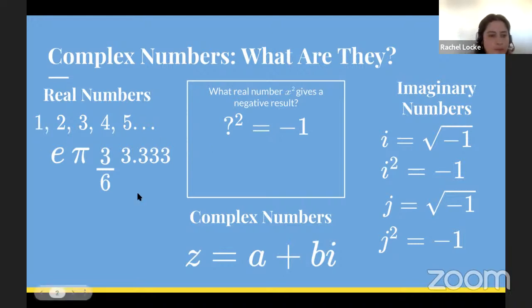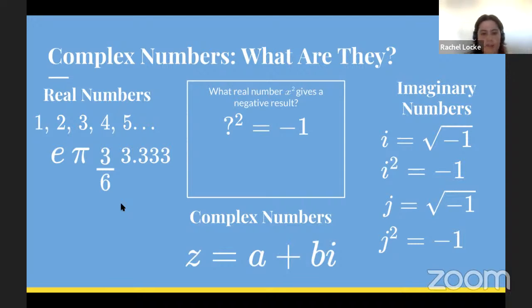These are the numbers I've got on the side, some examples here. They're the numbers you learn when you're learning to count, and basically any number you can think of until we get into imaginary numbers. If you think about squaring any of these numbers, positive or negative, the result when squared is always going to be a positive real number. So at this point, we can appreciate that any real number squared gives a positive result.